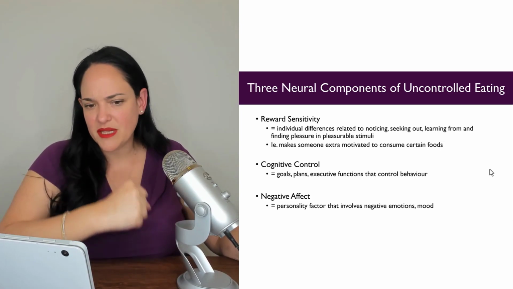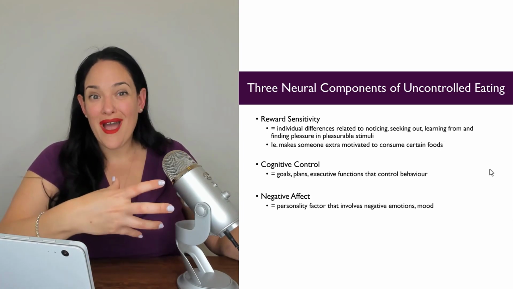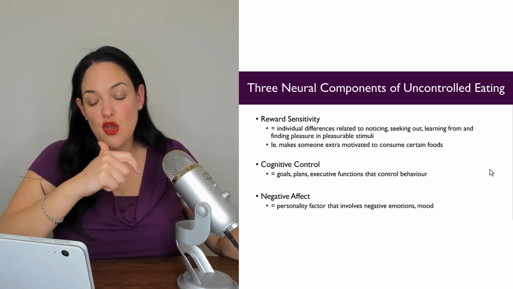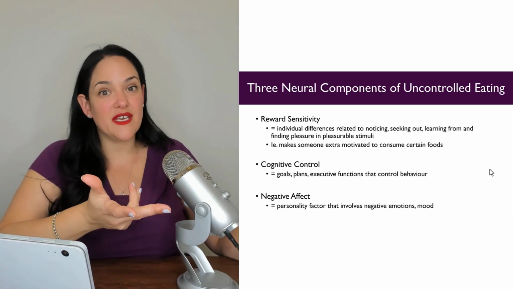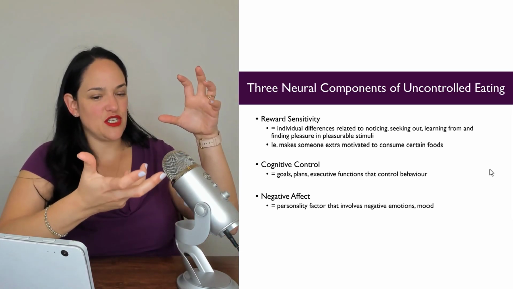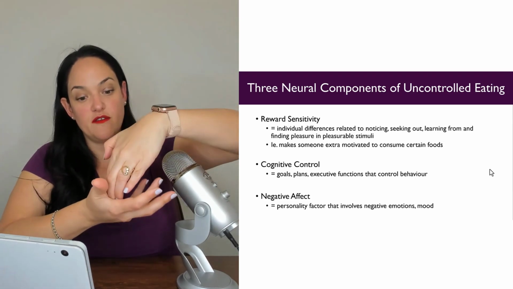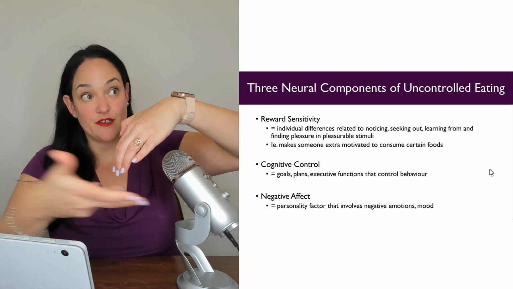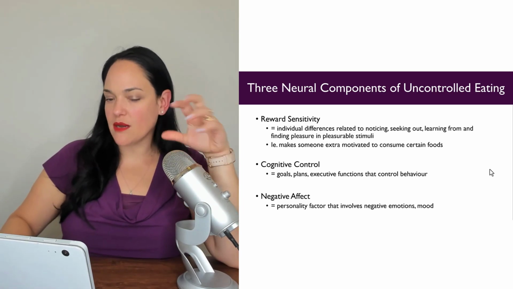I have goals, I have plans, I set out all these things I'm going to do. Well, when they have issues around stress or changes in mood or there are really rewarding things around them, it's great to have plans, but when you're faced with the actual circumstances, it's hard to exert that cognitive control over all those other neural factors and environmental factors that are promoting your drive to consume. So we're going to talk about some of that.